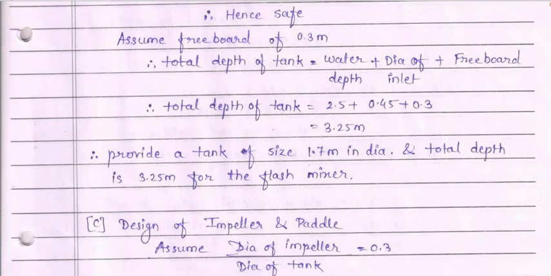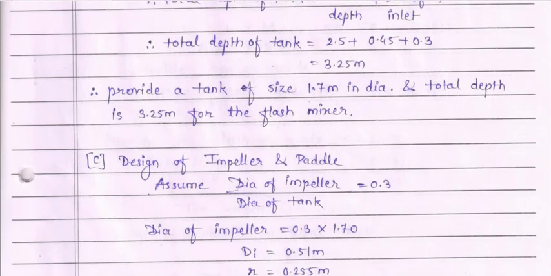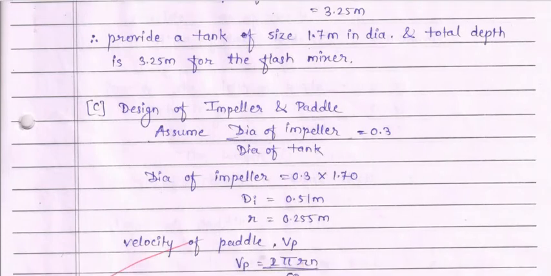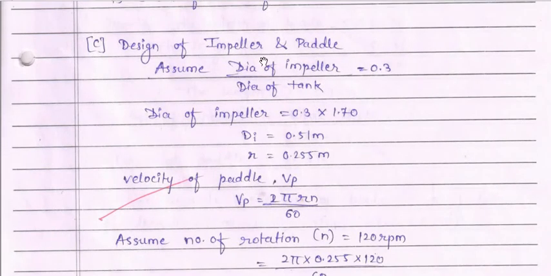Now similarly we will move to the motor and paddle design, that is the design of impeller and paddle. Again a ratio is given to us, that is the diameter of impeller to the diameter of tank should be 0.2 to 0.4.